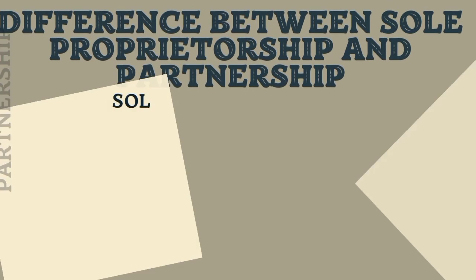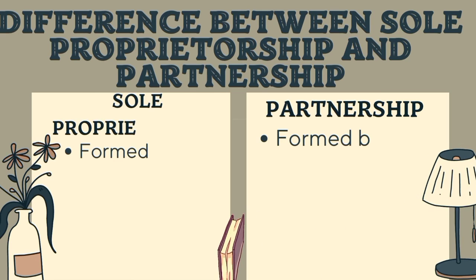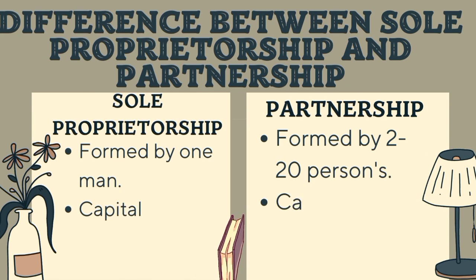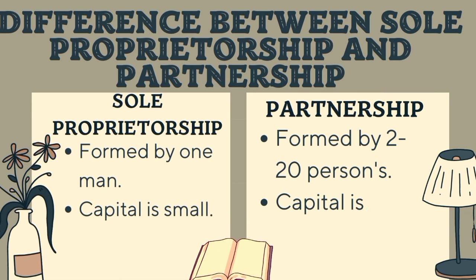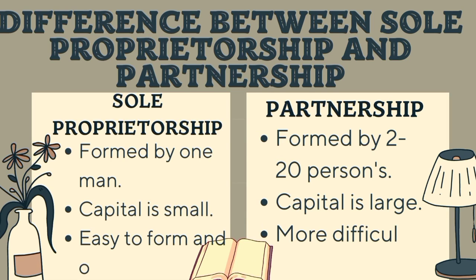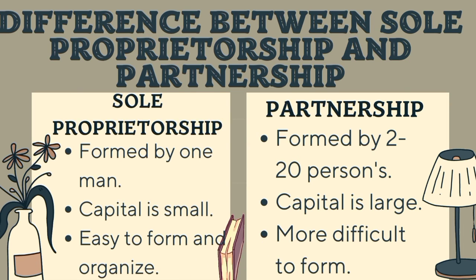Now, let us look at the differences between sole proprietorship and partnership. Sole proprietorship is formed by one man. The capital is small. It is also easy to form and organize. But for partnership, it is formed by a minimum of 2 persons and maximum of 20 persons, and the capital is large.